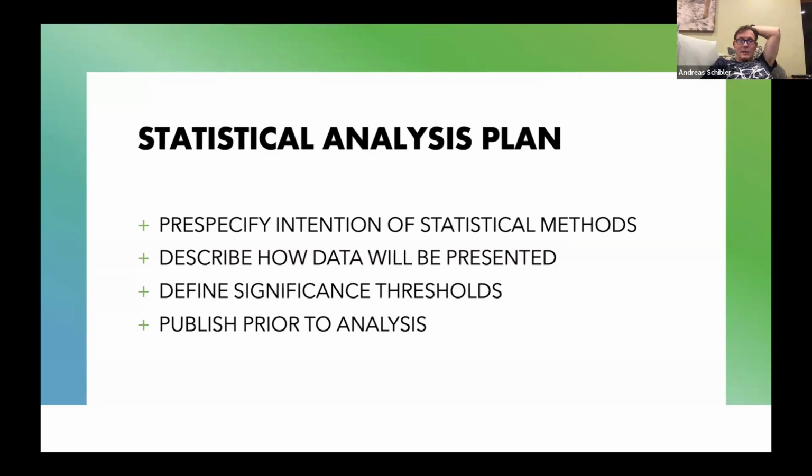You say, okay, we decided to use X, Y, and Z method to analyze the data, and then you lock the data and then you analyze. So you are not scrutinized for changing your plan on how you analyze. So you have to define the significance thresholds, and please publish it prior to analysis.